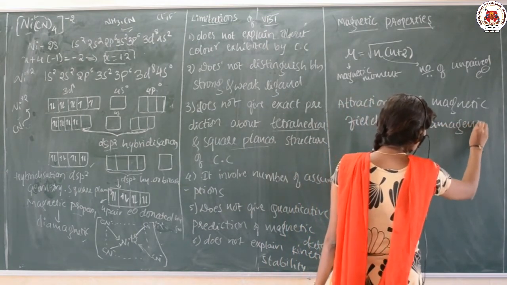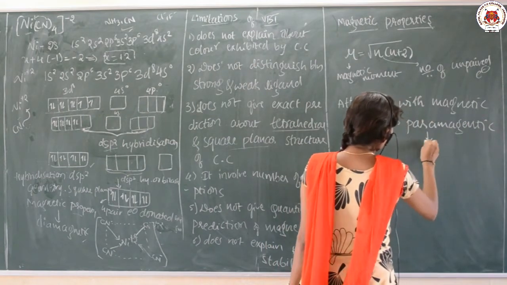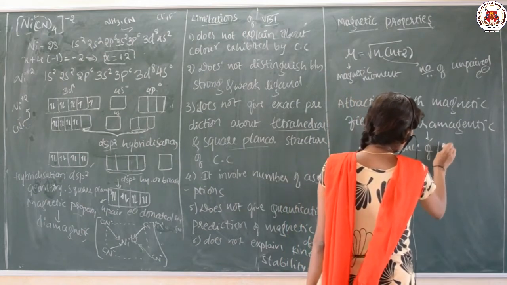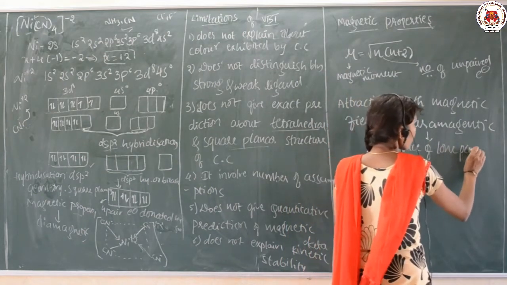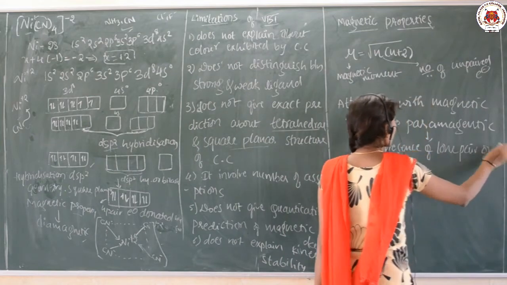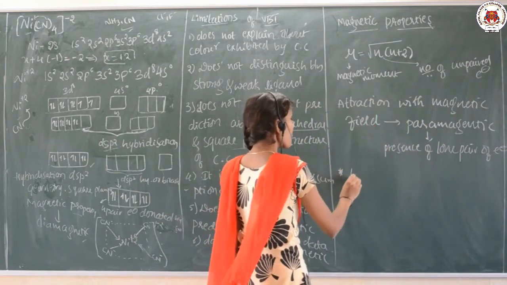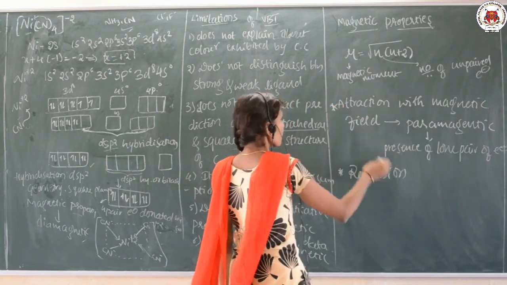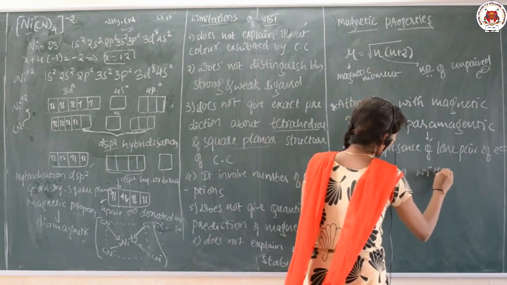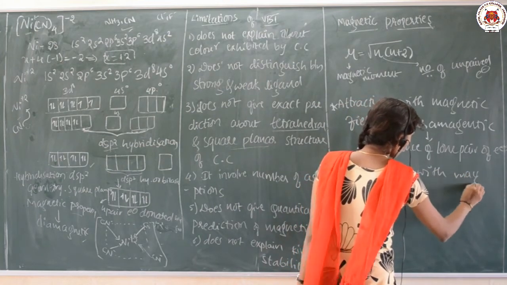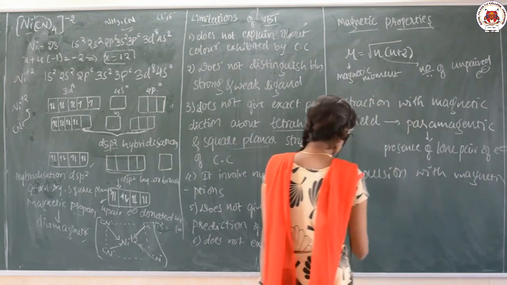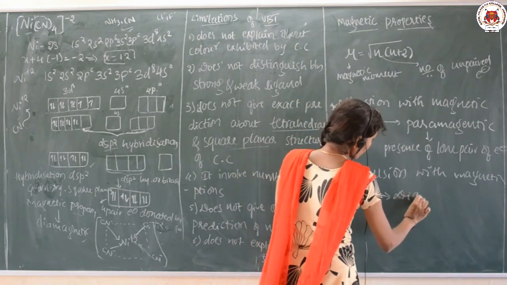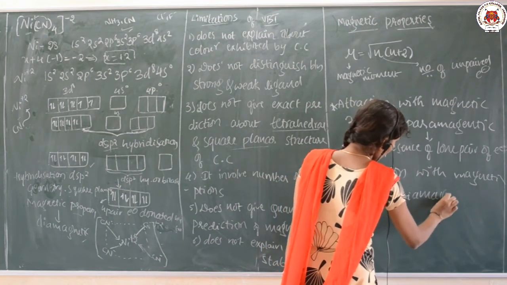Paramagnetic behavior is possible when there are unpaired electrons. If there is a repulsion with the magnetic field, that means it is diamagnetic.